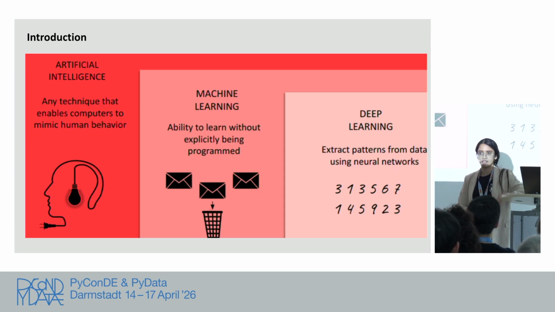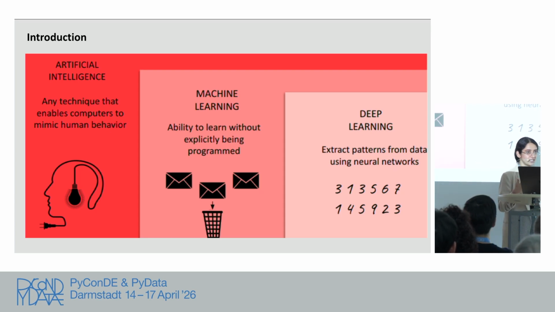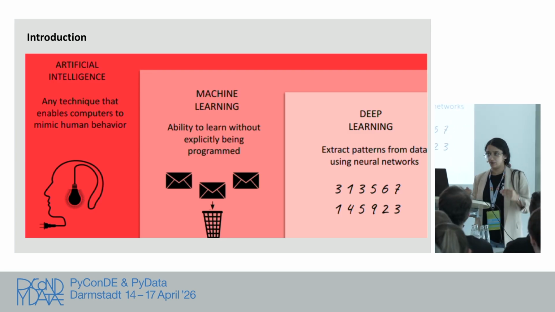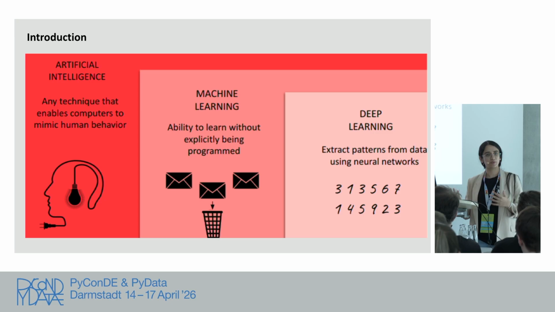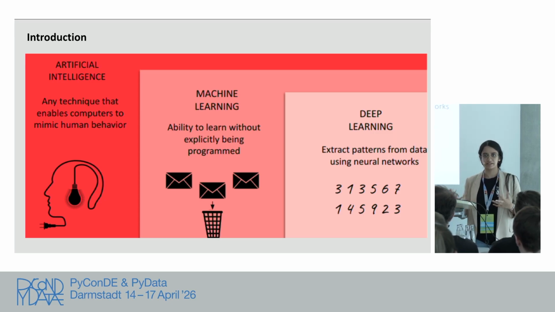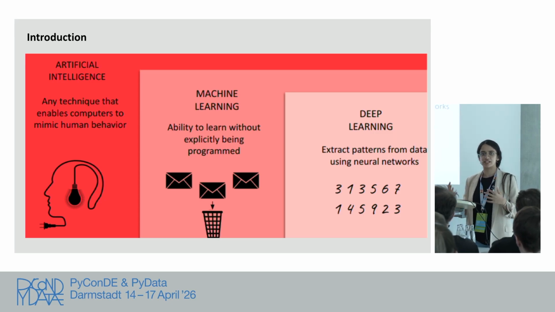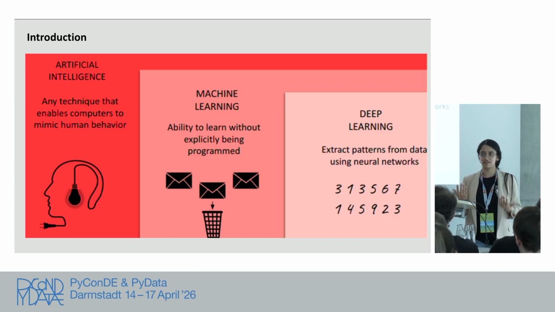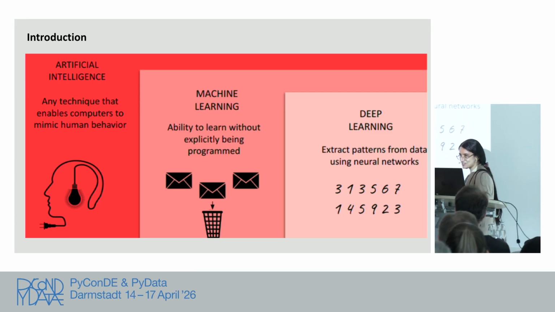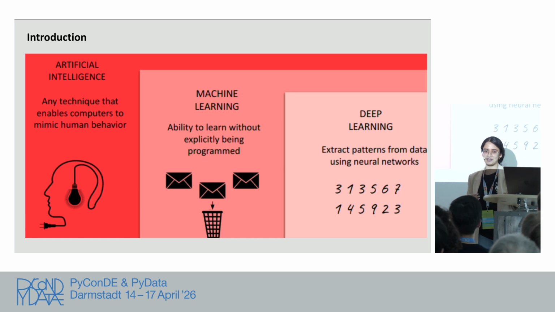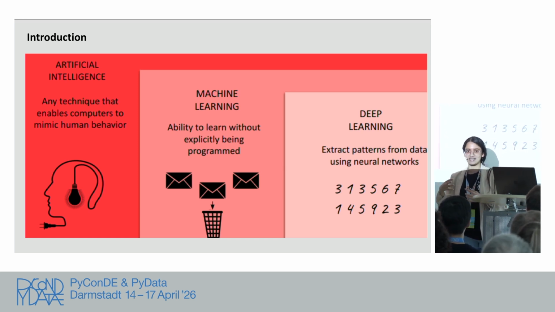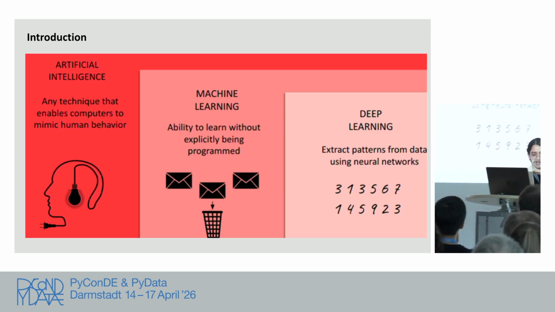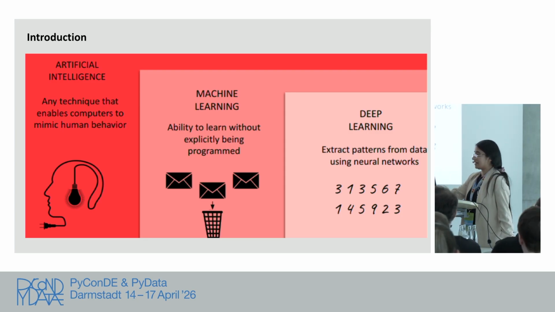That's what machine learning comprises. And deep learning is one step beyond what machine learning offers. You don't need to have supervised data, but you want to extract certain patterns from it. So that's what deep learning gives you. An example is handwriting recognition. I have very bad handwriting, so I have this model which helps in figuring out what I've actually written in some of my notes. So yeah, this is deep learning.